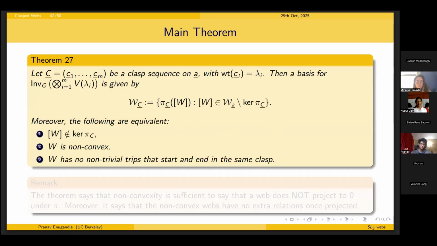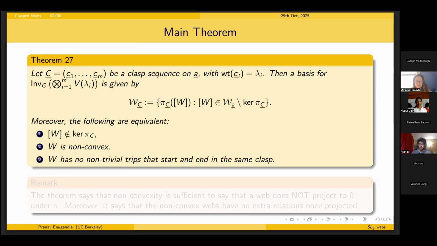Do these actually form a basis for this invariant space? So these span for sure by the lemma, but are these linearly independent? And the theorem that Christian and I proved is that yes, this is enough. So what's happening here is I have this invariant space with the v lambda i's. So I take the tensor powers of v lambda i's, and then I want a basis for this tensor space.